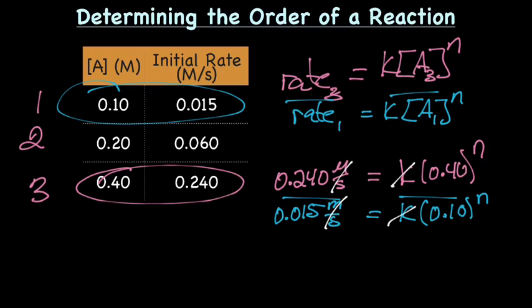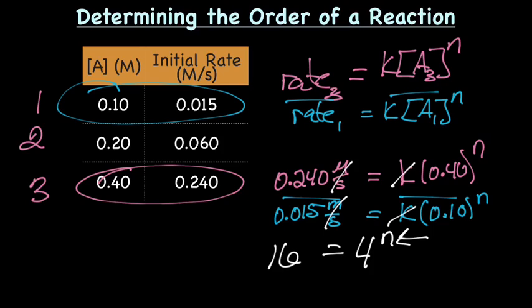And now we just need to solve. All right, so plugging that into my calculator, on the left-hand side, I end up with 16. And the right-hand side, I end up with 4 to the N. So now, what is that N?